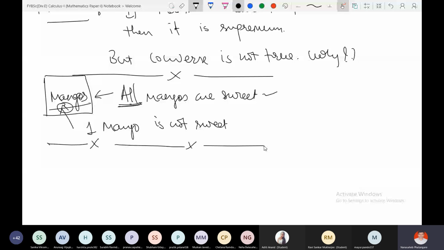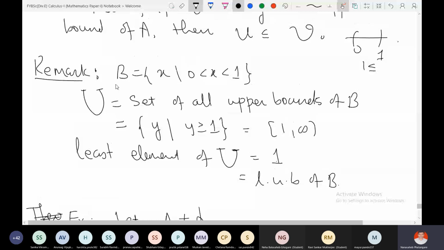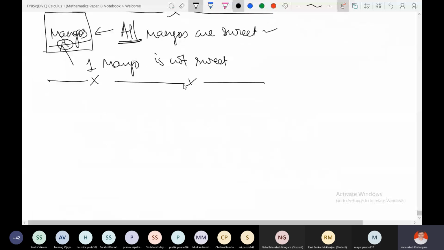Okay, now we understood lower bound, we understood greatest lower bound, which is the greatest among lower bounds, from the previous discussion. So I want to make another statement.